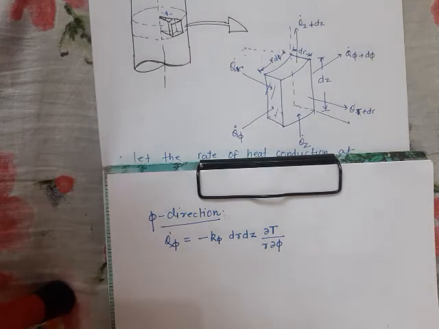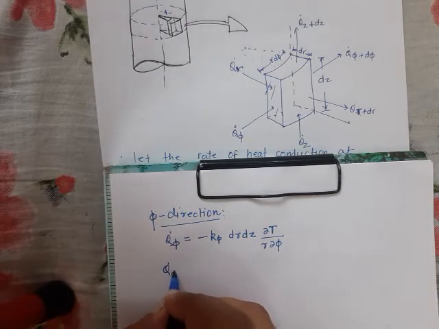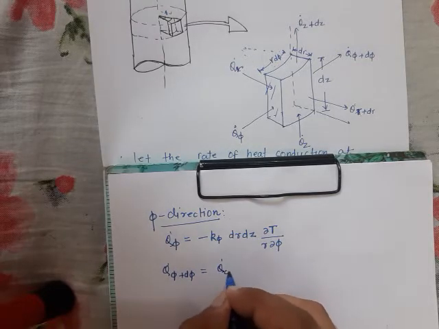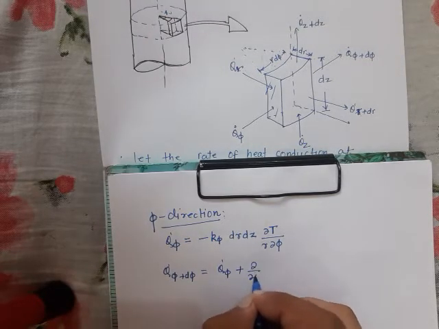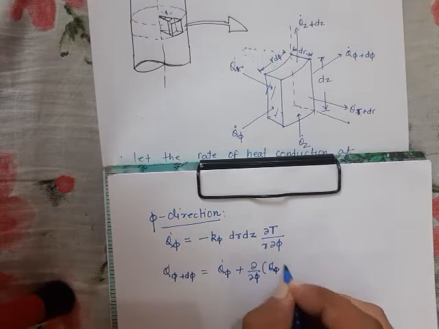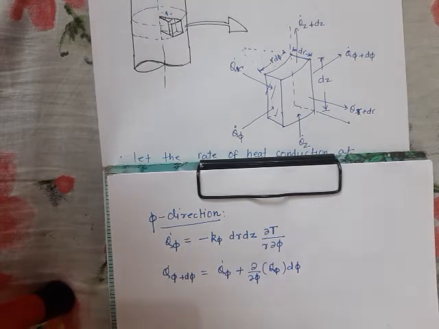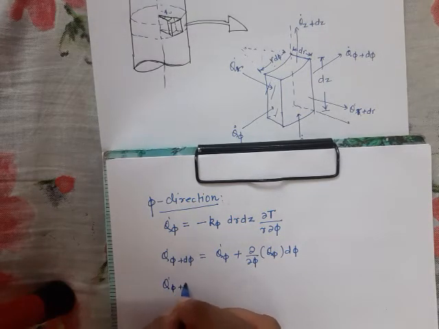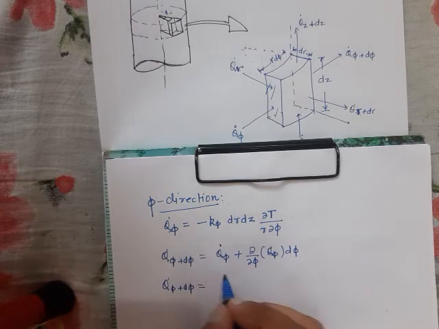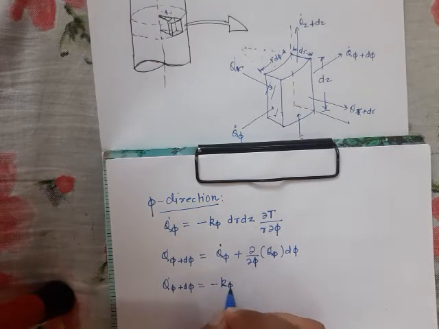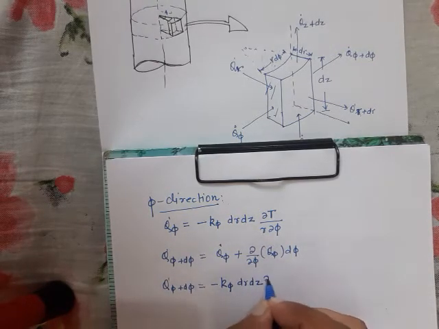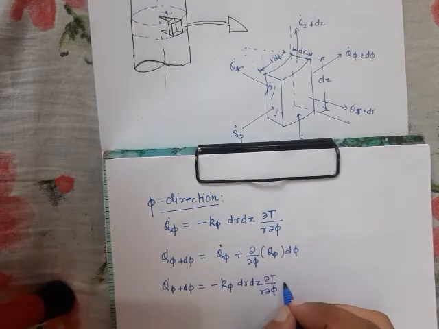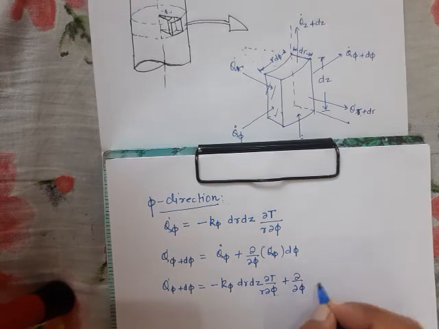Clear to everyone? Now let's see q_phi plus d phi. Simple formula from Taylor series expression: q_phi plus del upon del phi of q_phi d phi. Now it can be written as q_(phi+dphi) is equal to q_phi, let me put the values, q_phi = dr dz del T upon r del phi, this expression, plus del upon del phi.